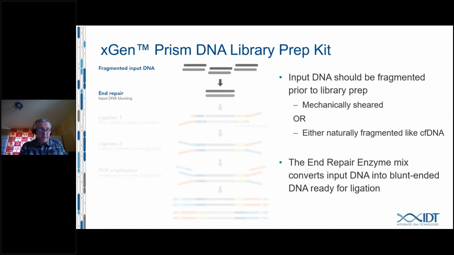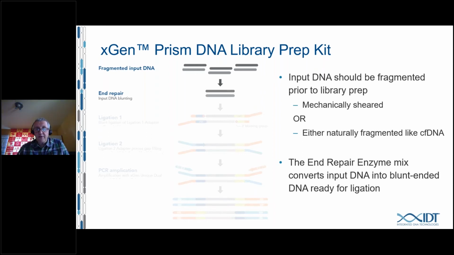So how does the Prism library prep kit work and address those problems? The input for the Prism library prep kit is already fragmented DNA. This can be naturally fragmented, like in circulating tumor DNA or liquid biopsy samples. For FFPE samples, if they are already dramatically degraded, they don't need additional fragmentation.